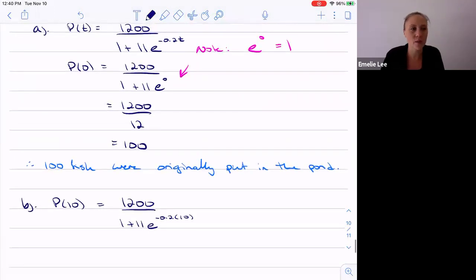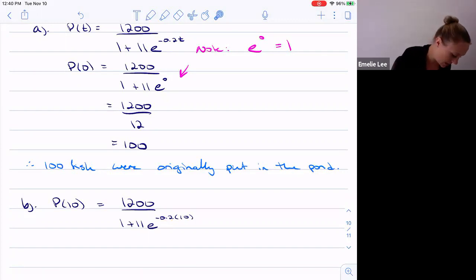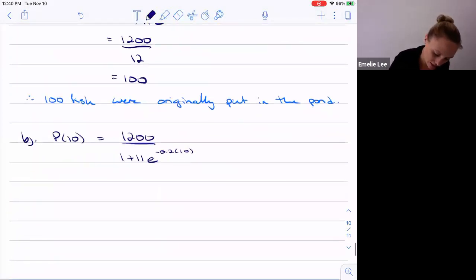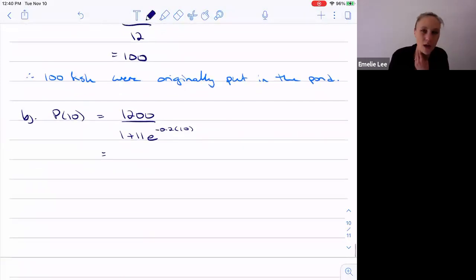So here's where you want to make sure that you know how to do these calculations. I'm going to start down here, e to the negative 0.2 times 10. So negative 0.2 times 10 is negative 2, and e to the negative 2. I'm going to write out each step as I go through.